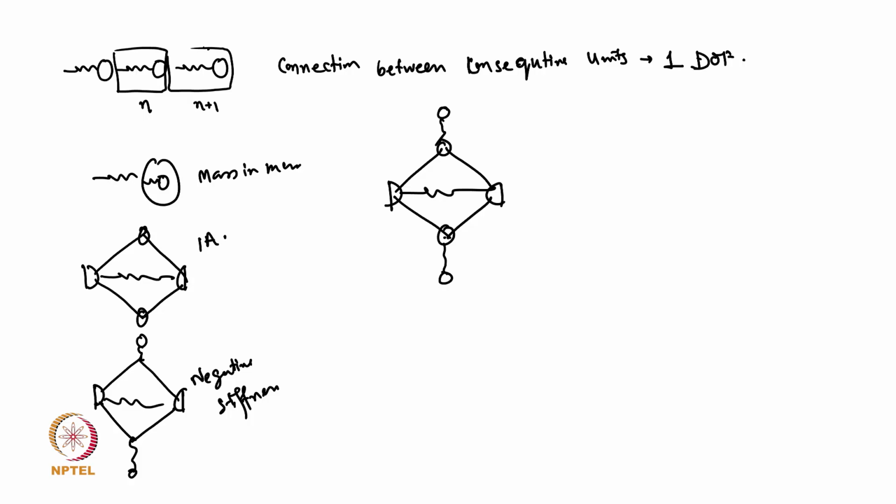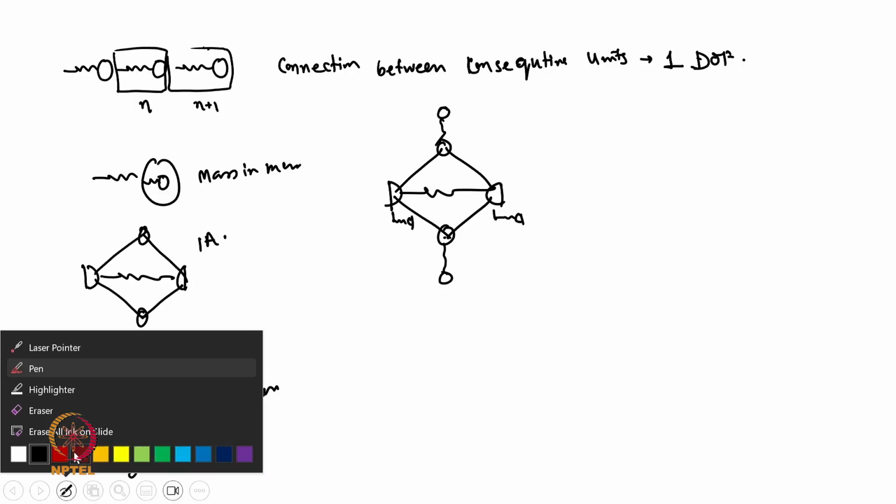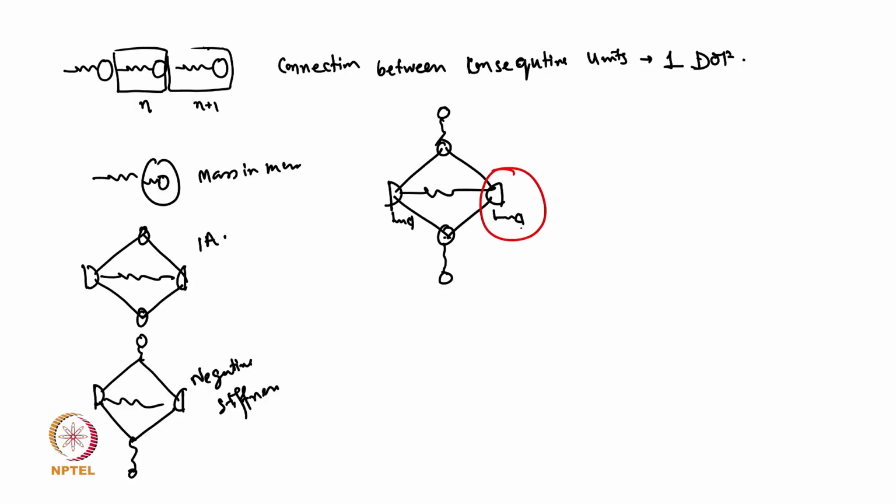So IA is already there, negative stiffness is also attached to it, and you can also attach the hub resonators here. Now you see that this portion is your mass-in-mass, or maybe you can call it negative mass, because we have seen in case of the mass-in-mass that at some frequency band our effective mass becomes negative.